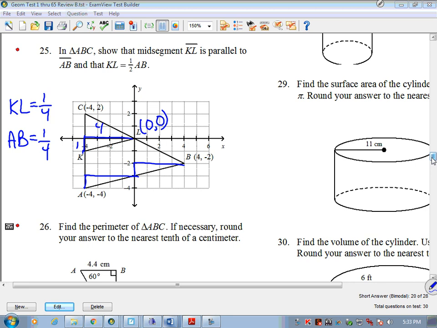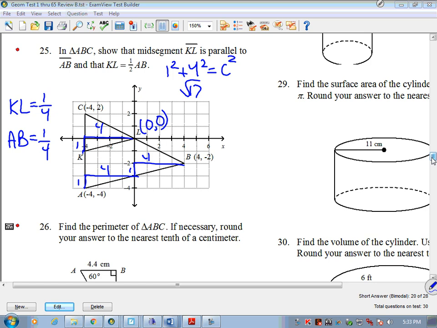Well, that's 1/4. So we could do 1 squared plus 4 squared equals c squared. 1 squared is 1. 4 squared is 16, so I'm going to get square root of 17. Okay, as we've already seen here, this is 1, 4, 1, 4. You could look at that as 2 squared plus 2 squared plus 8 squared if you wanted to.